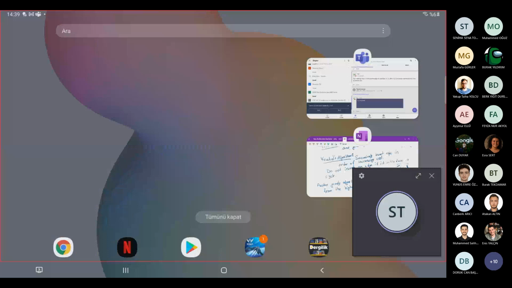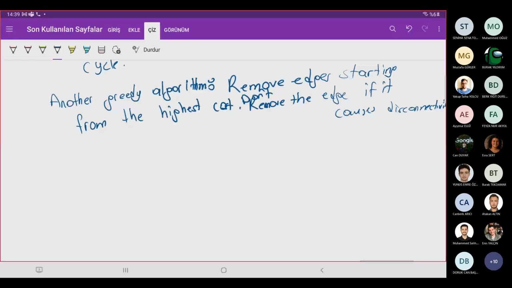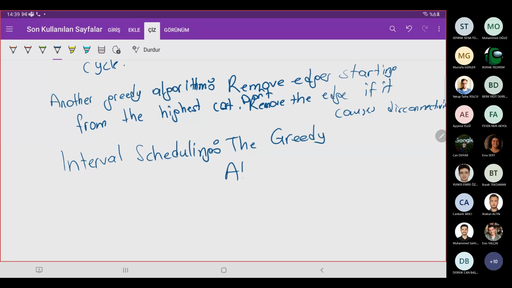Now I will talk about the interval scheduling problem. The greedy algorithm stays ahead. Stays ahead, okay?